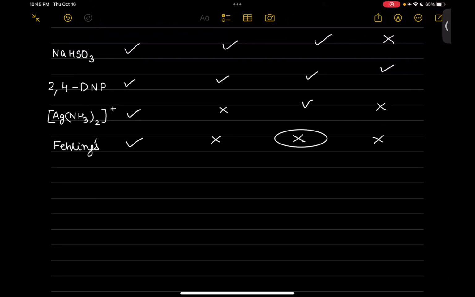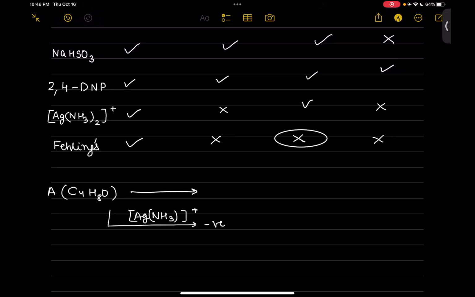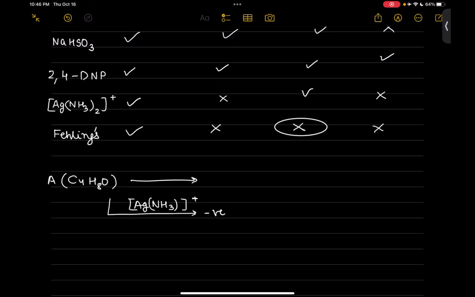Let me ask you the structure of one of the compounds. C4H8O, this is A. When reacted with Tollens reagent in the silver mirror test, it will not form the precipitate of silver, it will give a negative test.